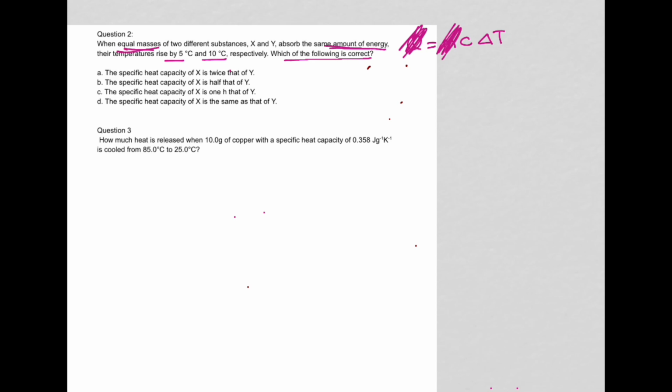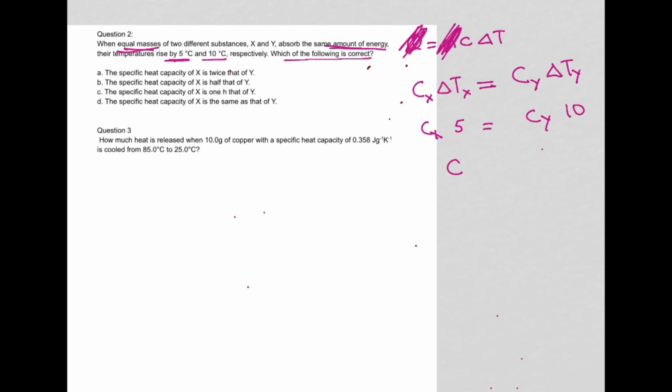So from this, you can find that Cx delta Tx will be equal to Cy delta Ty. So I'm just equating here for two substances where Q and m are the same. C multiplied by delta T will be the same value. So delta Tx is 5 and delta Ty is 10.